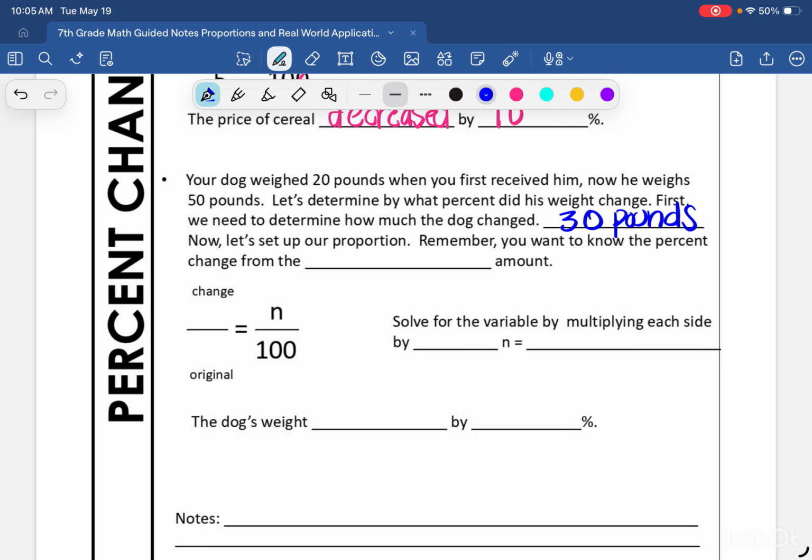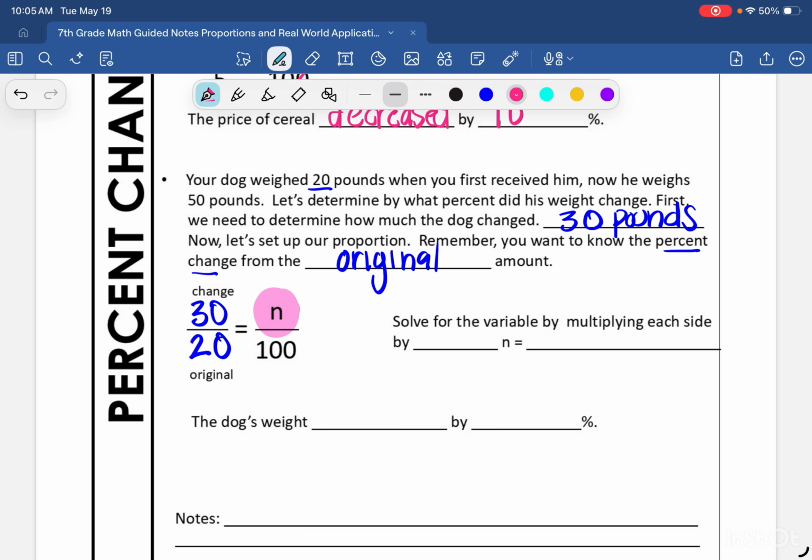Now let's set up our proportion. Remember, you want to know the percent change from the original amount. Our original amount is 20 pounds, and then it changed by 30 pounds. I'm trying to figure out the percent, which is my variable, in the numerator.